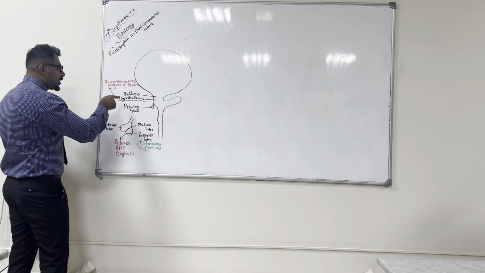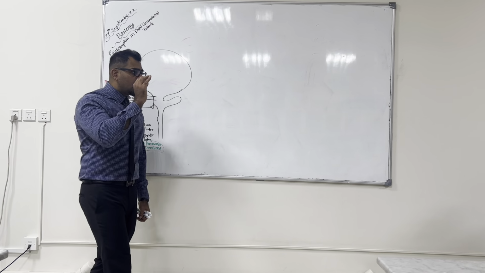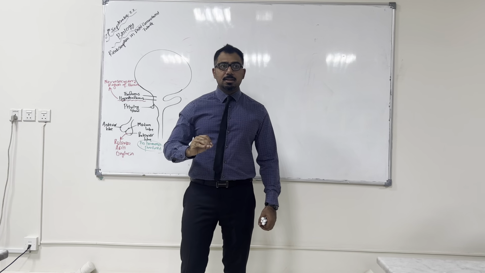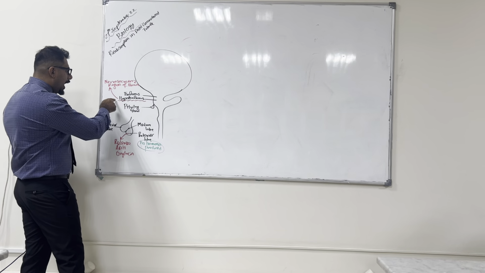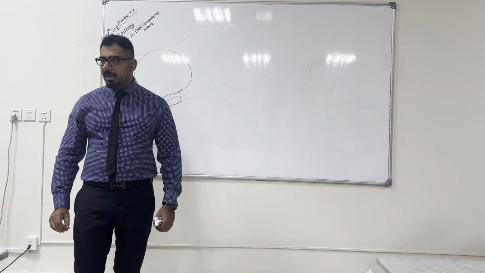That change in temperature is detected by what? The hypothalamus. If the content of water in your body increases or decreases, it is detected by the hypothalamus, that is a change inside the body, right?